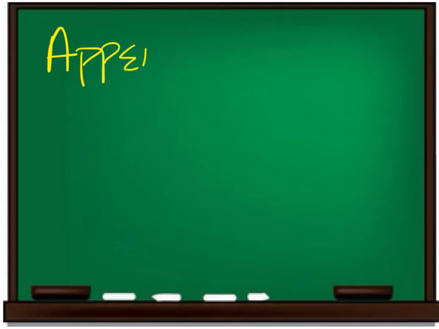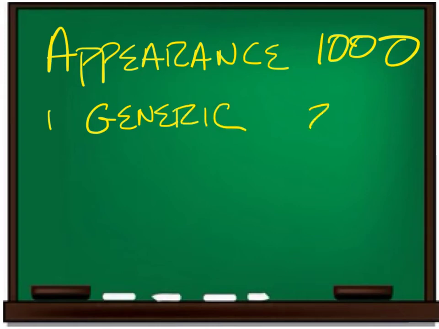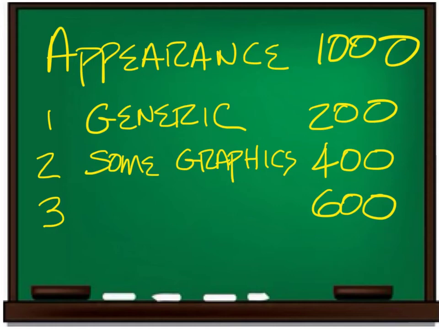For your appearance for the program, that's going to be worth 1,000. And if it has that generic look with nothing special to it, then you've made it to 200. The second level, which will get you to 400, is that if you do have some kind of graphics in there, just a touch above generic. 600, it must have that wow effect.